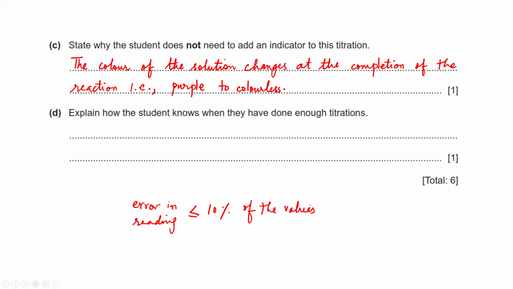So whatever the volume you are calculating, your error must be less than or equal to 10% of the value. So here you are approximately getting 20 cm³. So 10% of it will be approximately 0.2 cm³.